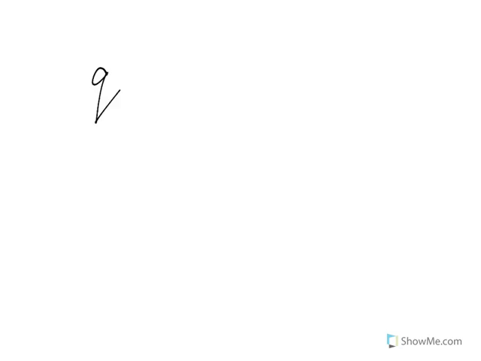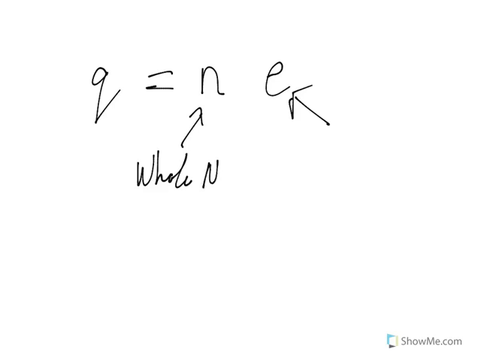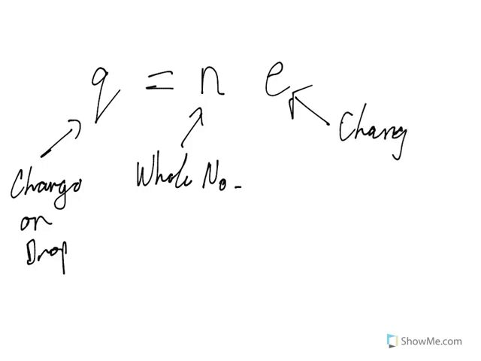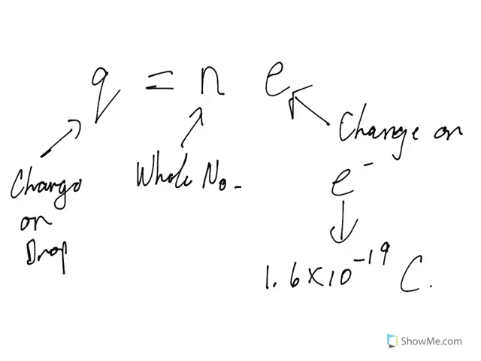So he found that the charge on any particular oil drop was always a multiple of some value. That n is a whole number. This was the charge on the oil drop. And this number here, he said, is the charge on an electron. And of course that e is 1.6 by 10 to the minus 19 coulombs.